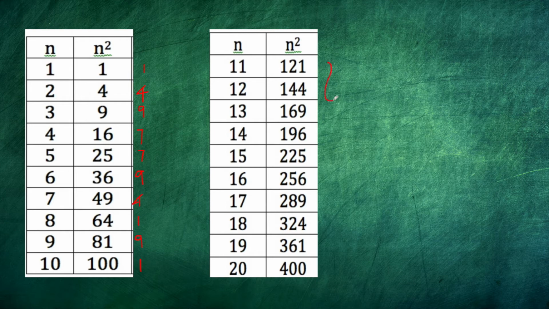Similarly you can find for all the perfect squares. From this table we can see that the digit sum of all the squares came out to 1, 4, 7 and 9, and these will repeat. Using this method we can easily find out whether the given number is a perfect square or not. For a perfect square the digital sum will be 1, 4, 7 or 9.